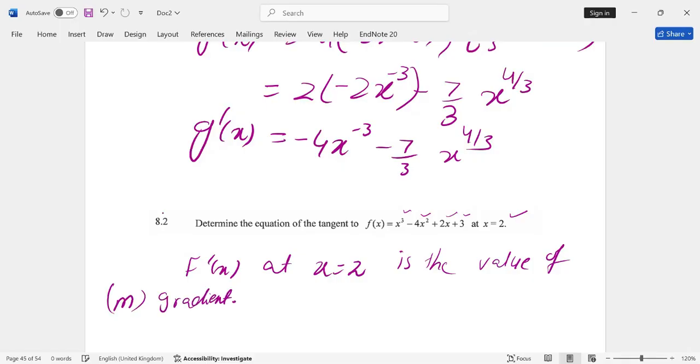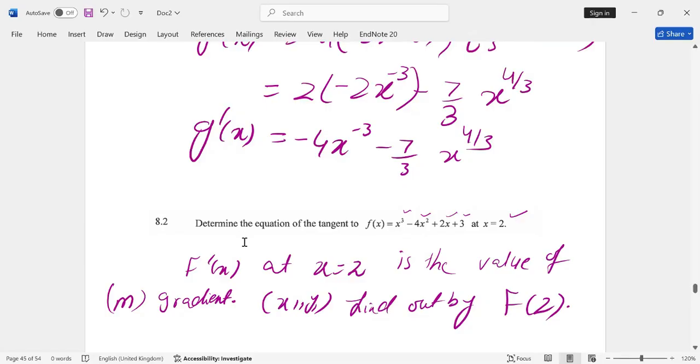And the point we can find out by calculating f of 2. Now let's start. First of all, we take the derivative of this function.